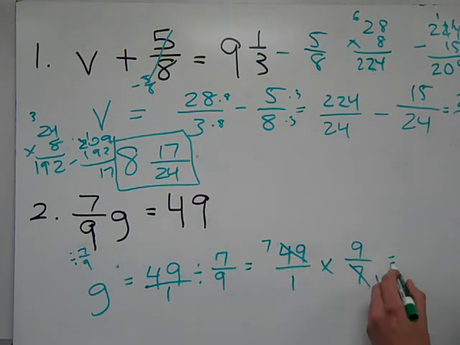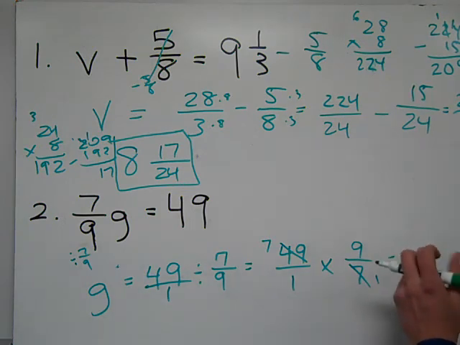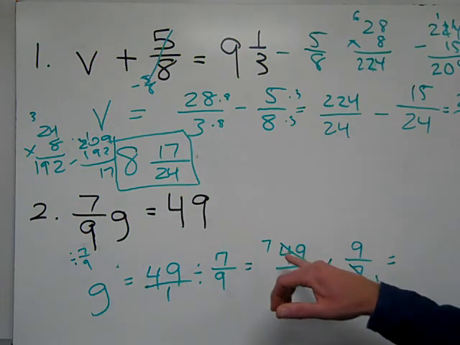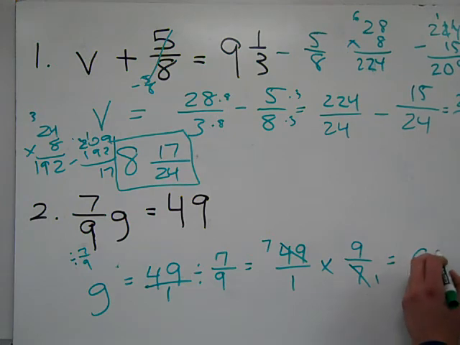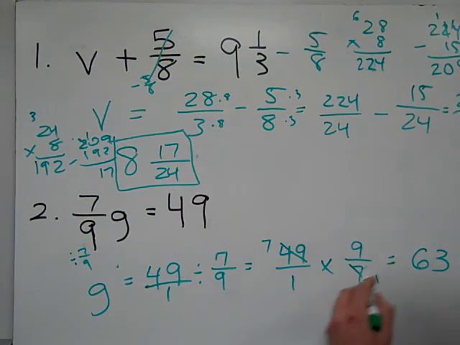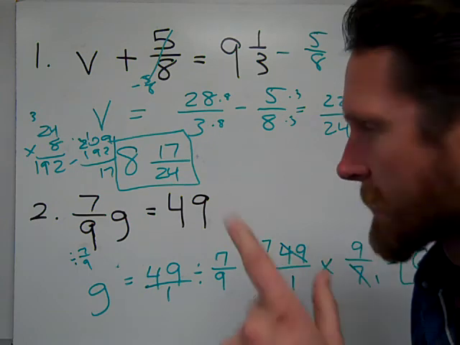And then 7 times 9 equals 54. I'm sorry, 63. So we have g equals 63.